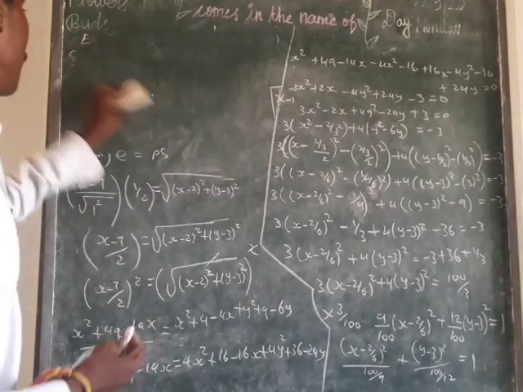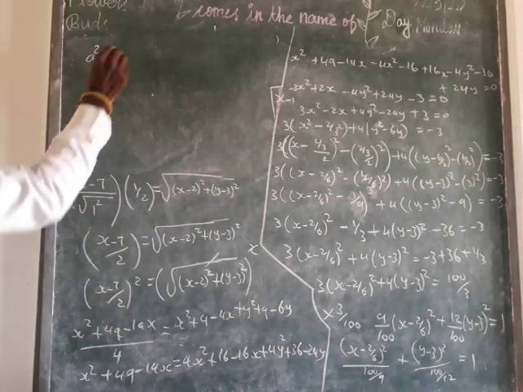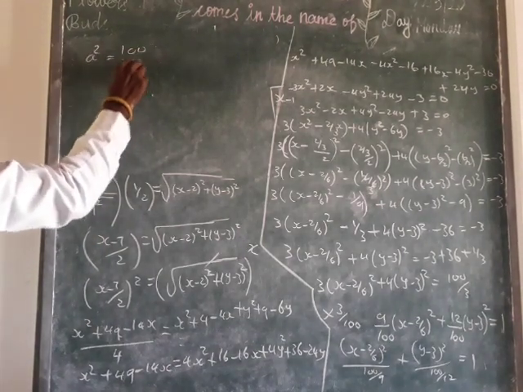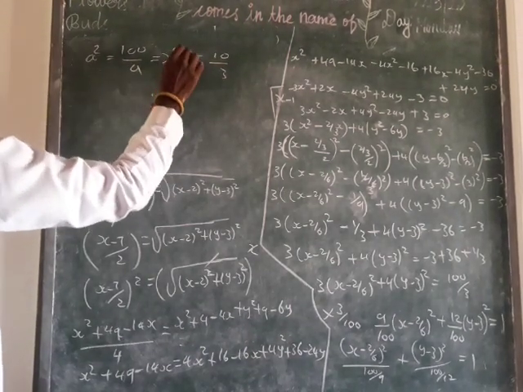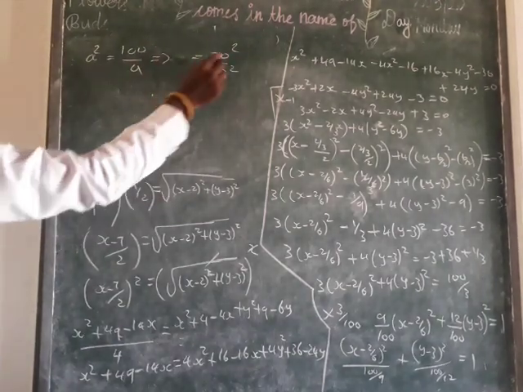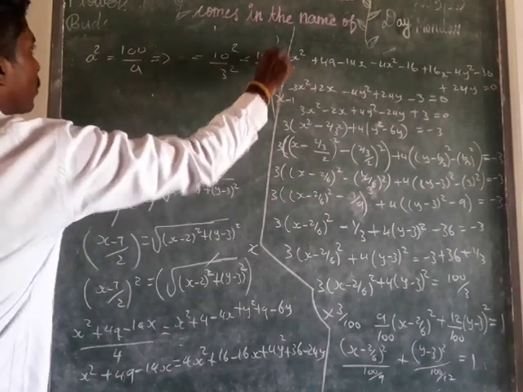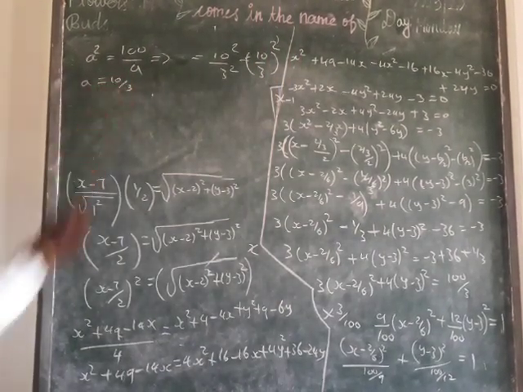From the denominator we come to the conclusion: a squared equals 100 by 9. From that, a equals 10 by 3. If you take 100 by 9, you can write 10 squared by 3 squared, so it becomes 10 by 3 the whole square, so a equals 10 by 3.